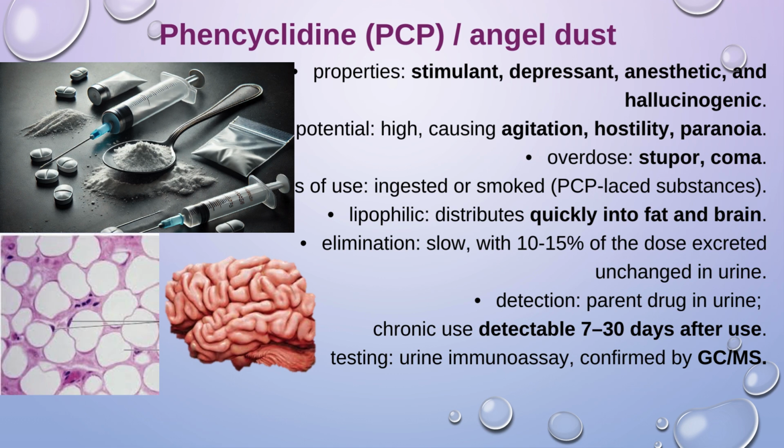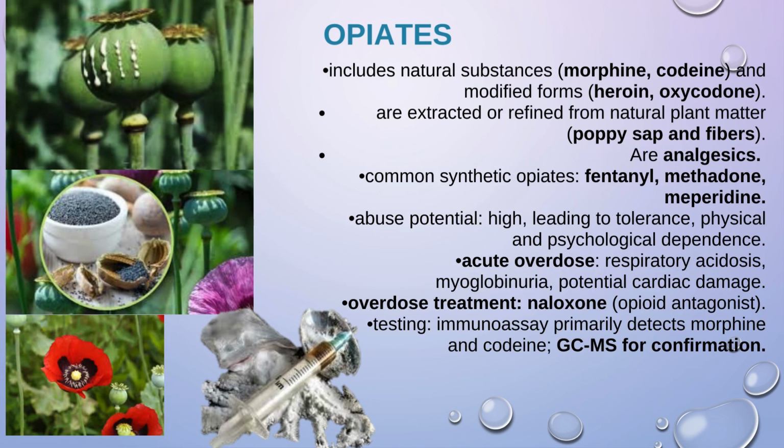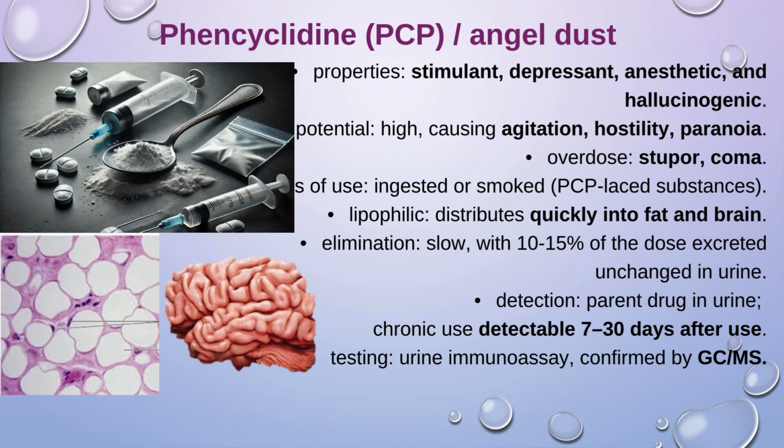And then with chronic use, it's detectable 7 to 30 days after use. So PCP also remains in the body for a long time, like cocaine, 20 days in heavy users, while PCP, or your angel dust, will be there with chronic use. It will be within your body for a month.